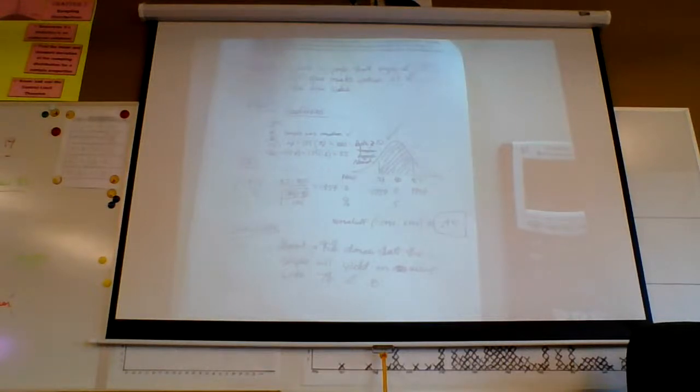That means there's about a 5% chance that they're going to go out there and take a sample, and they're going to be off by at least 7% one way or the other.